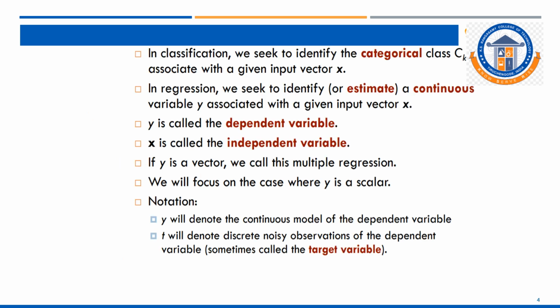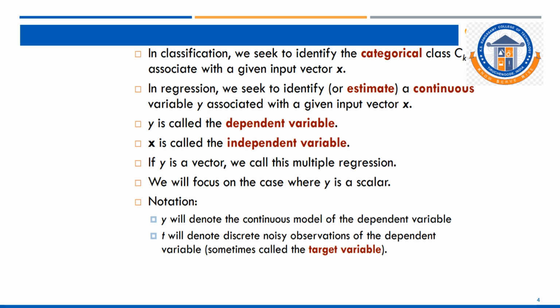In classification, we categorize the classes within the given set of values, for example, whether it is a dog or a cat. In regression, we need to expect or forecast or predict a continuous variable from the input vectors.